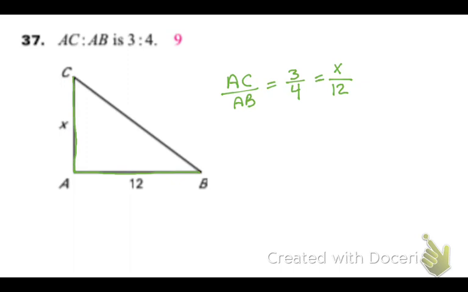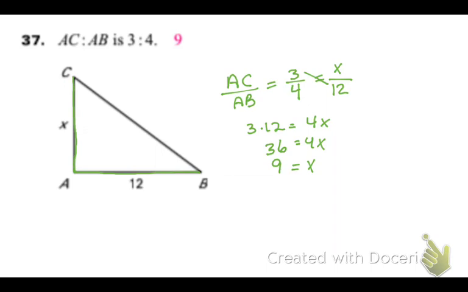So now we need to solve for x. Cross multiplying, 3 times 12 is equal to 4 times x. 3 times 12 is 36, is equal to 4x. Divide both sides by 4. x is equal to 9.